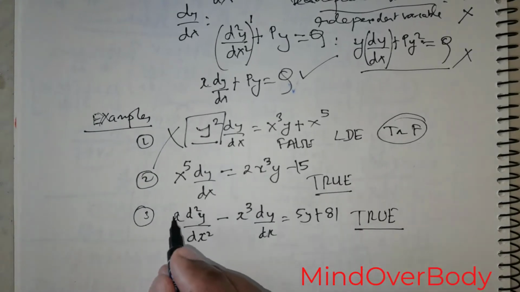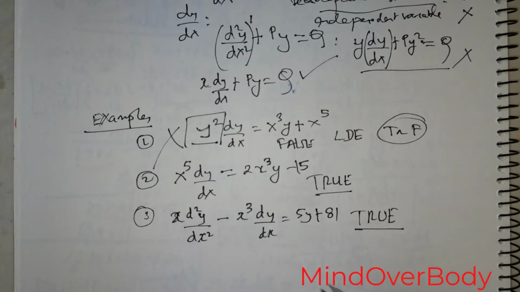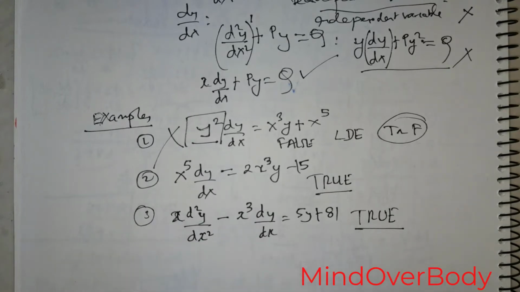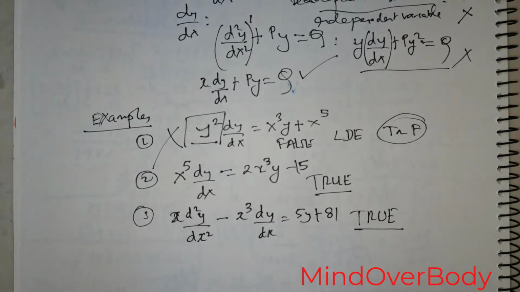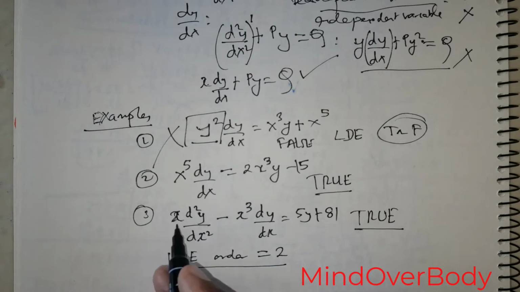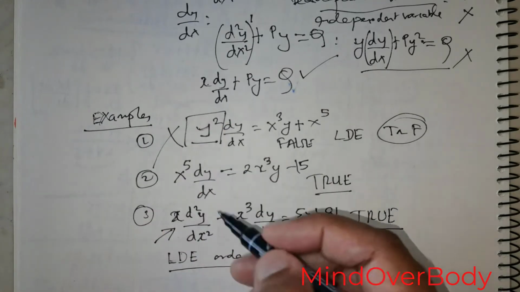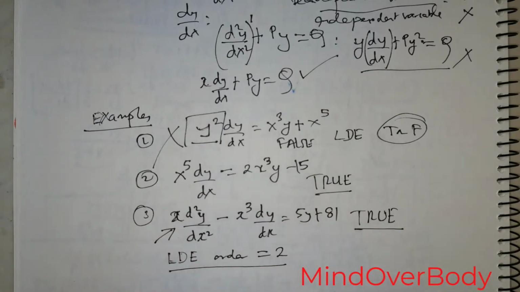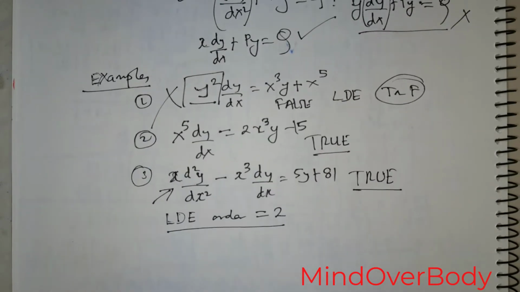It doesn't matter if I have x or x cubed, but I should not have any y term. So having mentioned this, now you might be wondering what sort of linear differential equation this is. So this is a linear differential equation of order equal to 2, just to give you some information on this particular example. Other examples are straightforward and I'm sure that you are well aware of it. So let us move on.